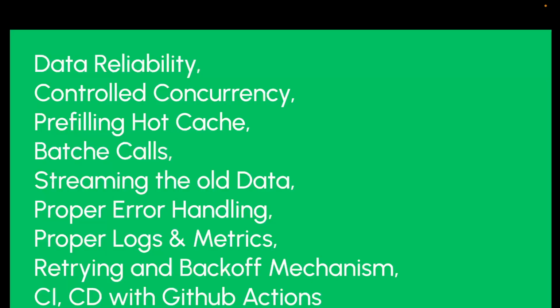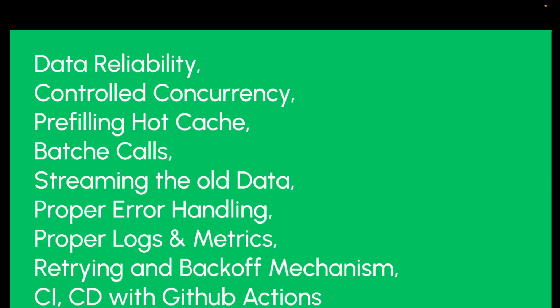And prefilling a hot cache. For orders you need products and customers, so we need the customers, products, and many other things. We need to cache them to speed things up and reduce API calls to the database, and batch calls.